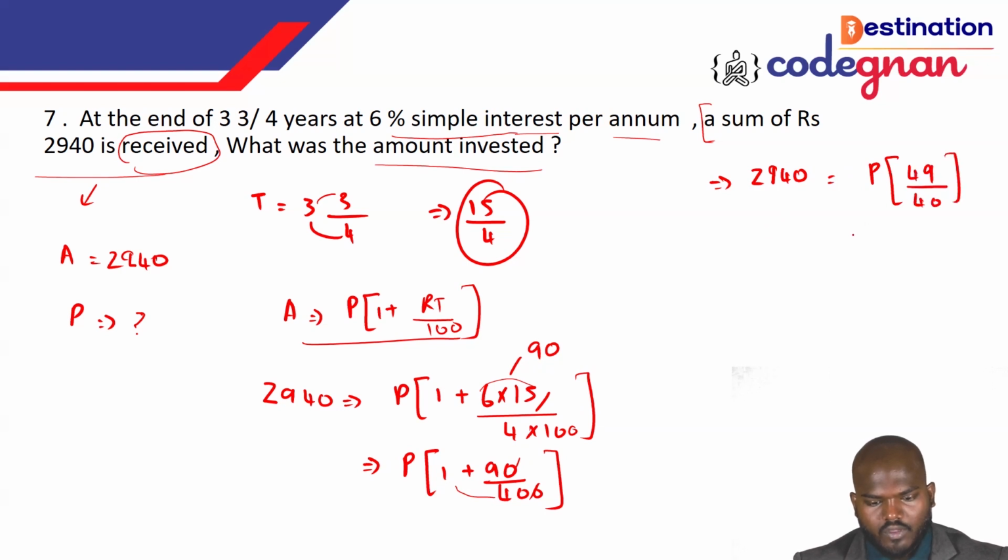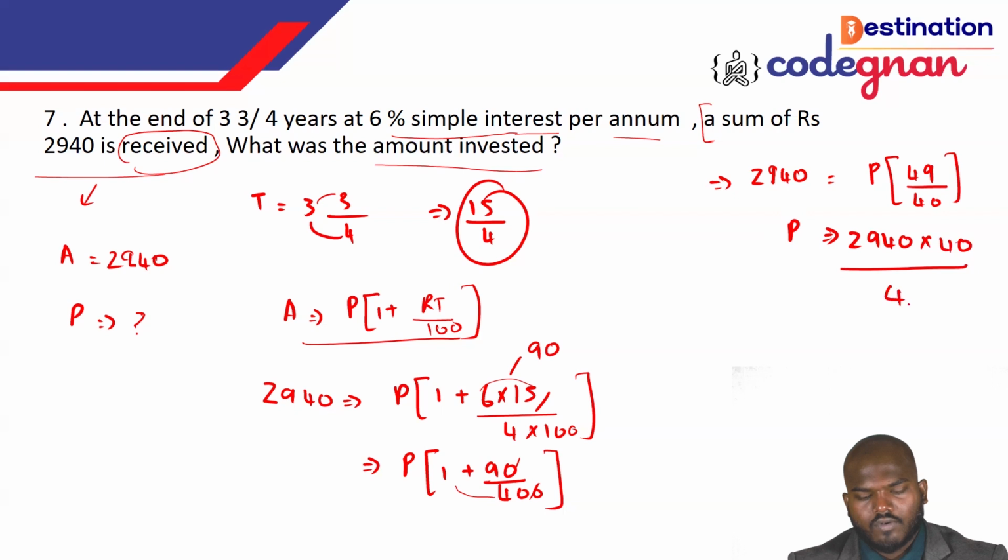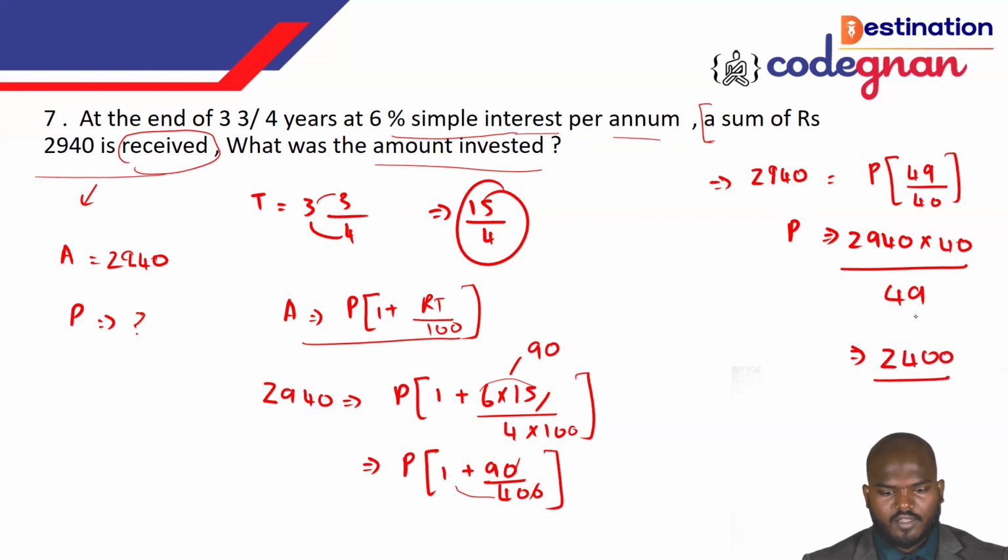Okay, if you take the 40 that side, that is 2940 times 40 by 49. If you take it up, guys, this value you will get here as the answer called 2400 is the final answer.